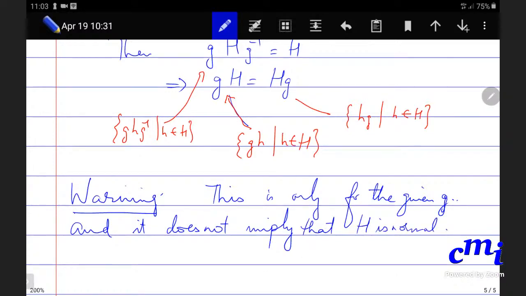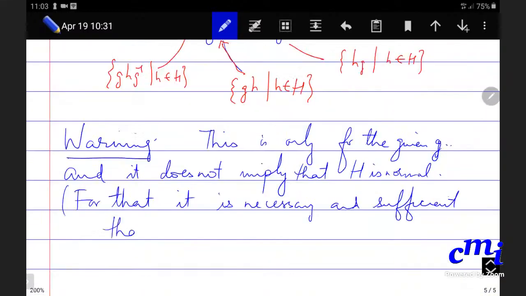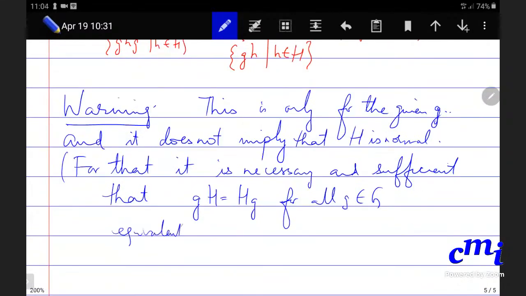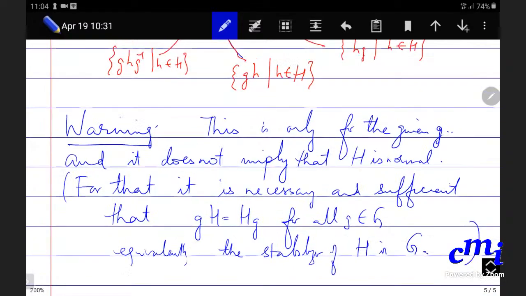For H to be normal, it is necessary and sufficient that gH is equal to Hg for all g inside G, or equivalently, the stabilizer of H is G. One should keep this in mind. Whatever I wrote here is for that specific g.